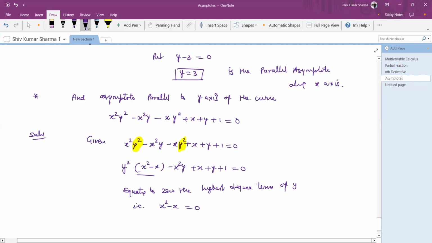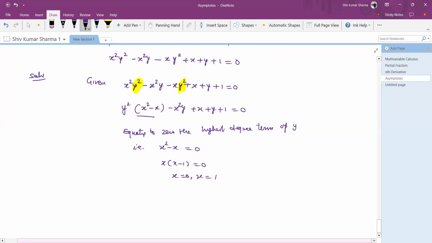This gives us x into x minus 1 is equal to 0, so we obtain x is equal to 0 and x is equal to 1. So these are the required parallel asymptotes along the y-axis. Okay, hope you understand.